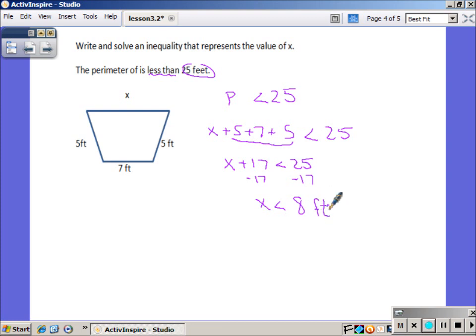So in order to keep that perimeter less than 25 feet, that missing side x would have to be less than 8 feet. Make sure with word problems, just like with equations, we have to label those answers, and do the same exact thing with our inequalities as well.